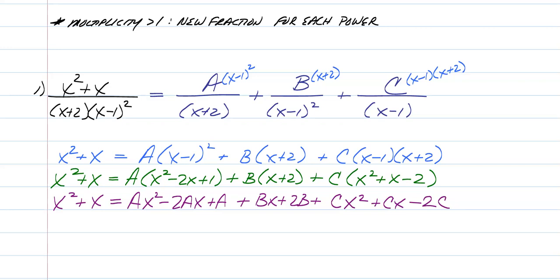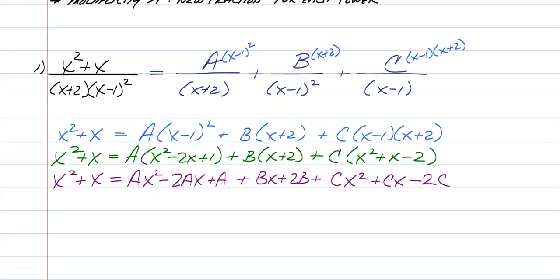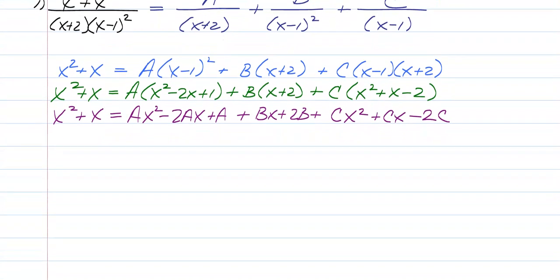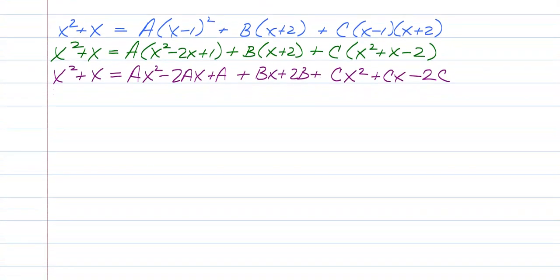Now the next part is working with the variables in terms of our x's and our constants. Now that we have more parts, we need to have one equation for the x squareds, another equation for the x's, and then another one for our constants or our numbers.